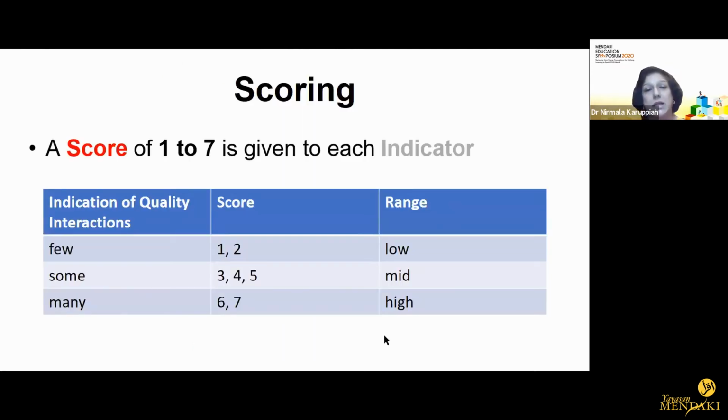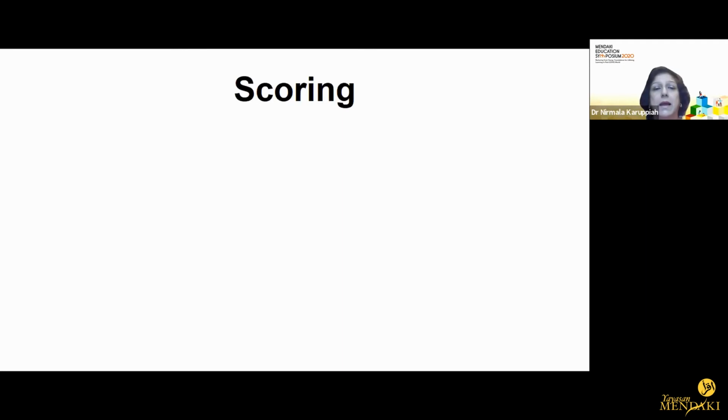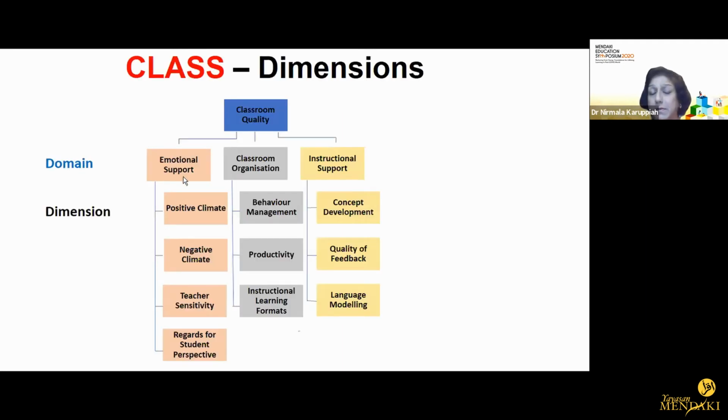So in our research, what we found was that in the 3 domains that we looked at, the emotional support, the classroom organization, and instructional support, teachers perform generally well in the domain of emotional support and in the domain of classroom organization.